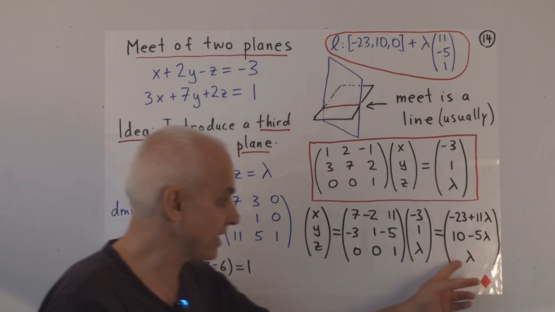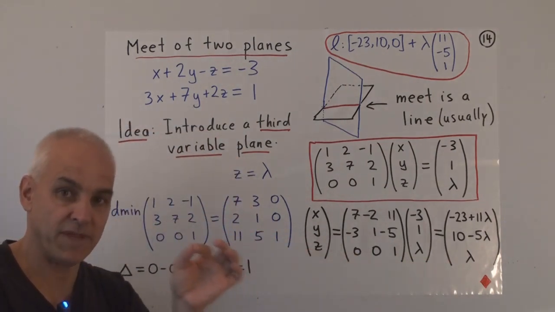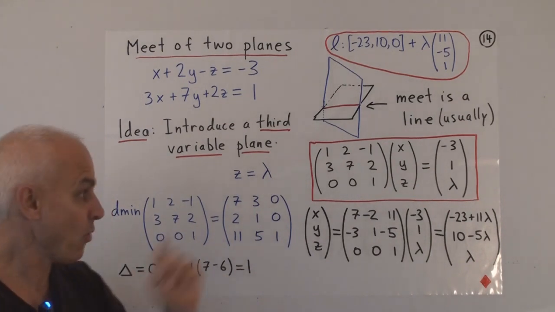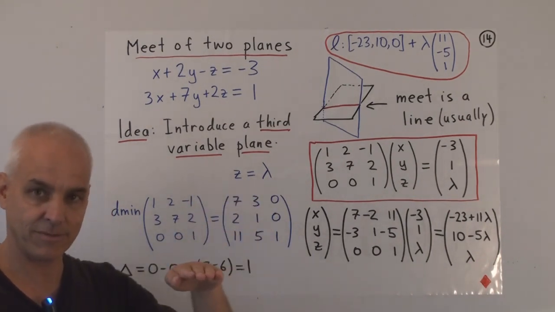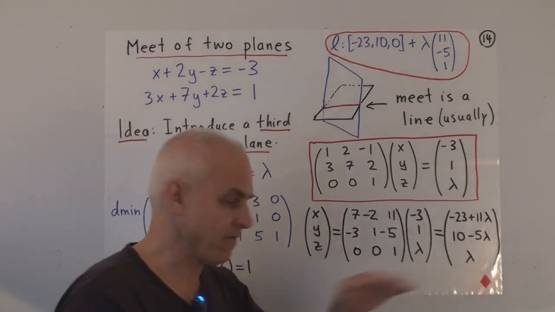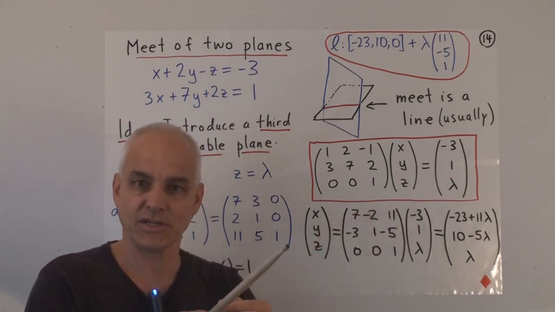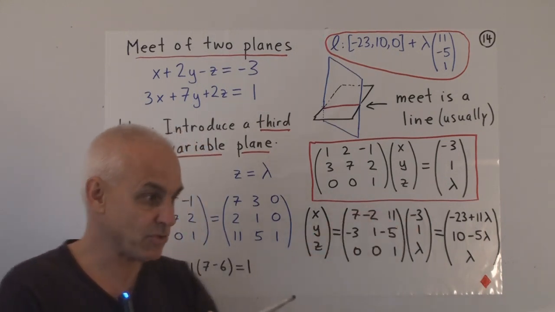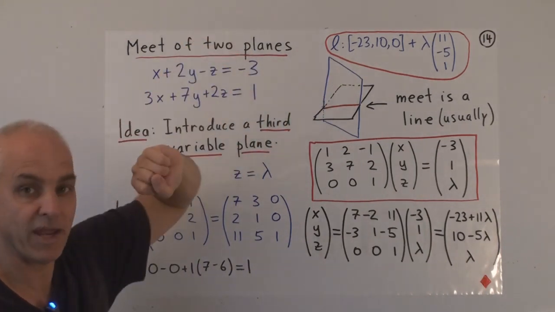And what is this telling us? This is telling us the point of intersection of these three planes, where the third plane has this variable parameter in it. So as that lambda varies, we're getting all the intersections between these three planes. In other words, we're running along the line of intersection of the original two planes.